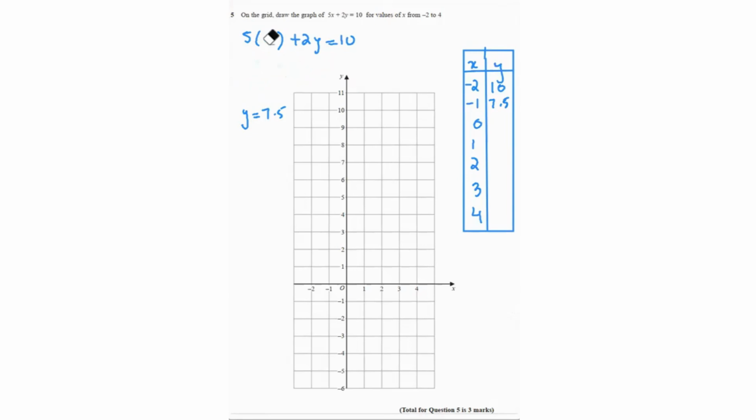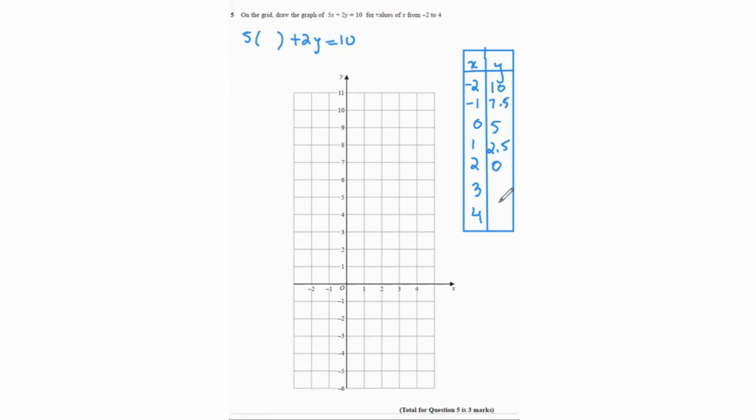Now when x is 0, y is going to be 5. When x is 1, y is going to be 2.5. When x is 2, y is going to be 0.